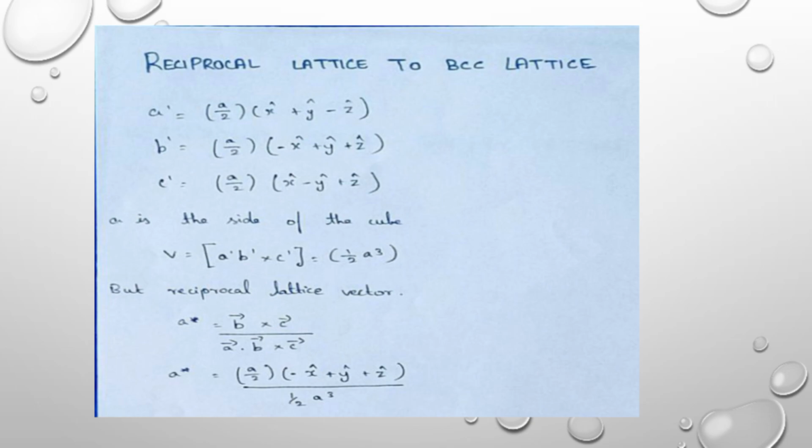But the reciprocal lattice vector A star is equal to B vector cross C vector by A vector dot B vector cross C vector.